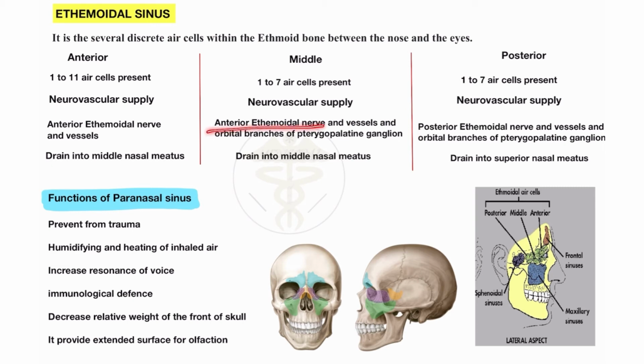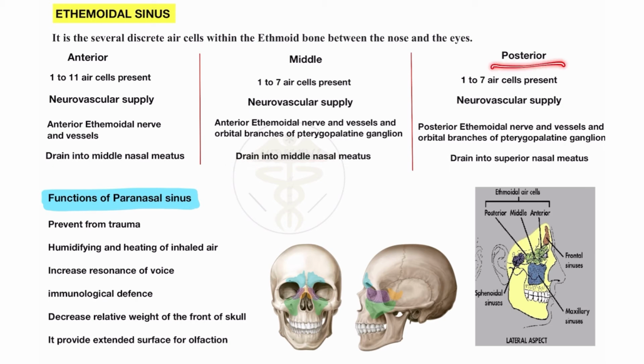These supply the middle part of the ethmoidal sinuses, which drain into the middle nasal meatus. So the maxillary, the frontal, the anterior and the middle ethmoidal sinuses all drain into the middle nasal meatus.